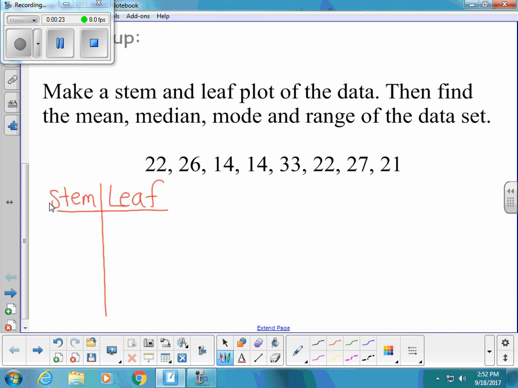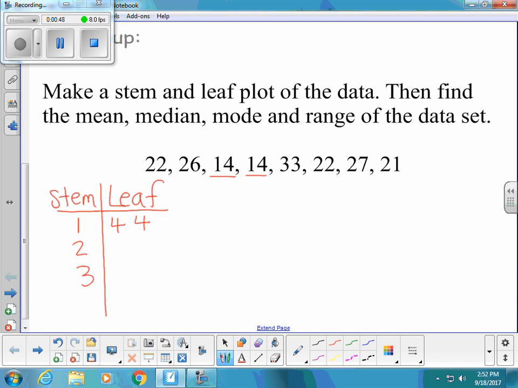Okay, so our stem sides are going to be 1, 2, and 3. For our 1s, we're going to use 14 twice, and that is all. So we'll have two 4s for 14s.